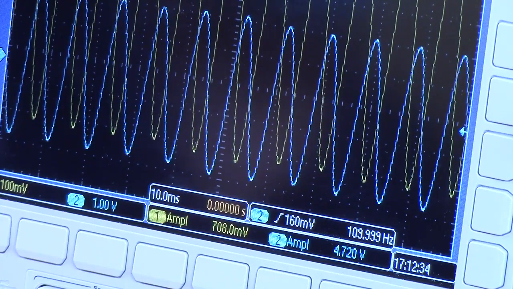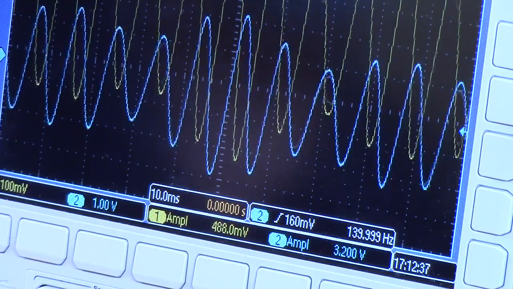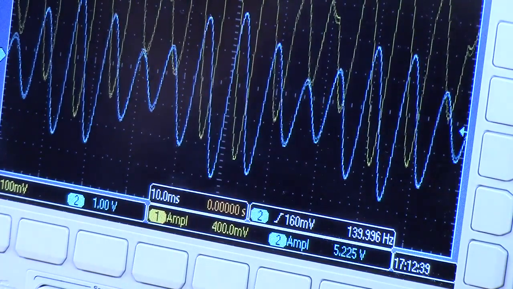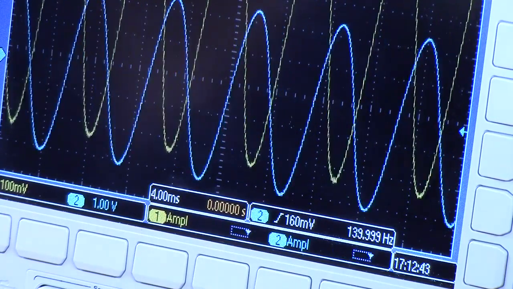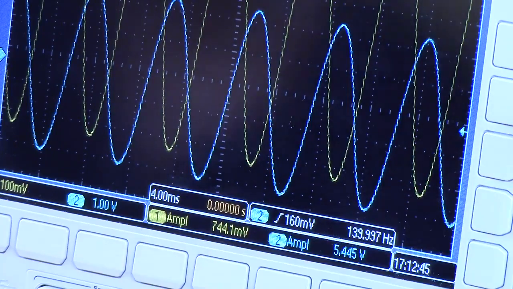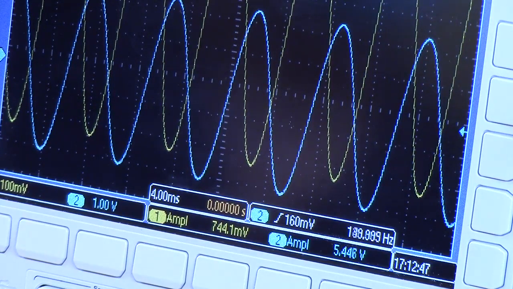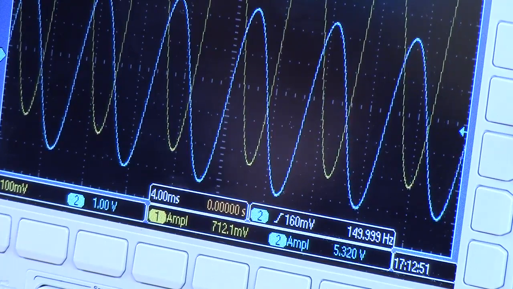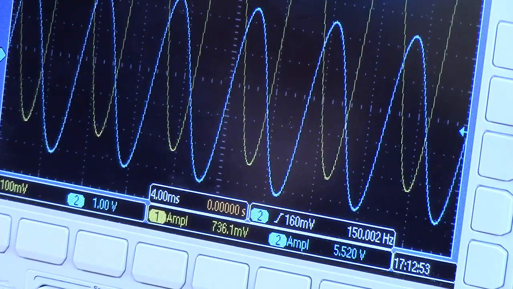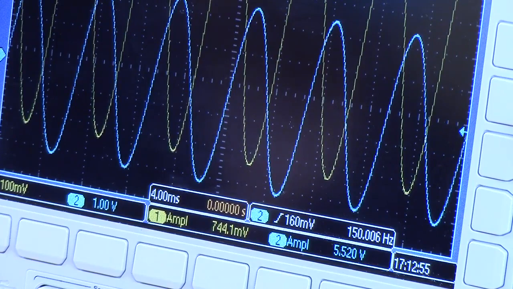We're still at around 4.6, 4.8. Okay, we're getting there, 5.44. Got to give it a minute to settle. 5.52.